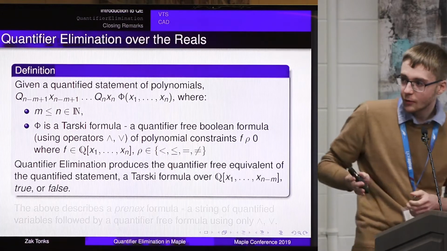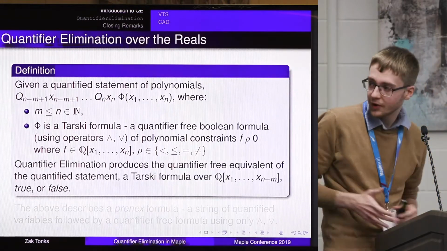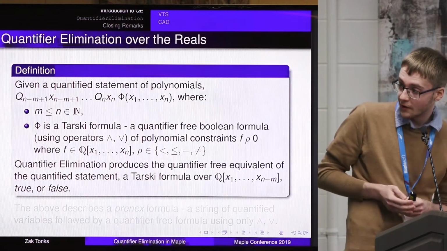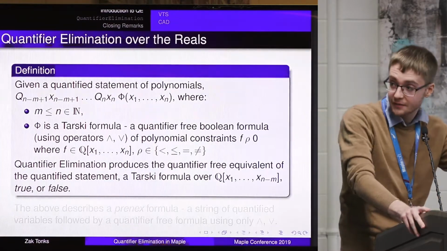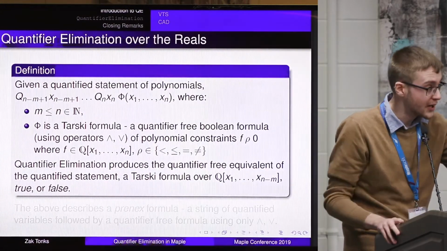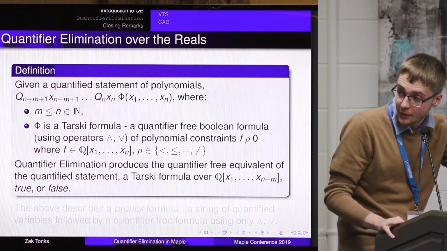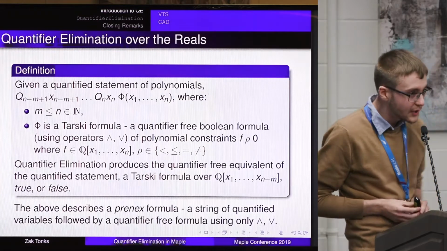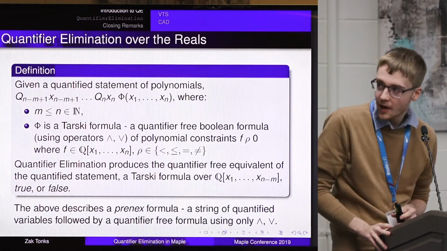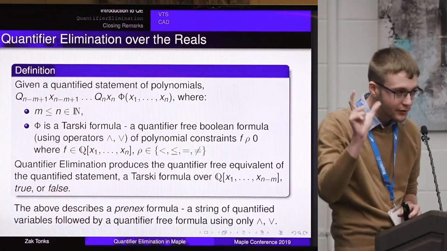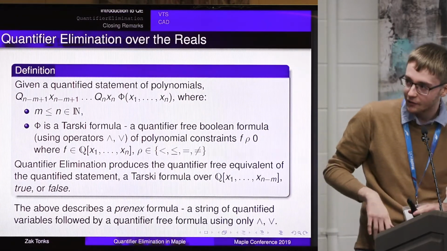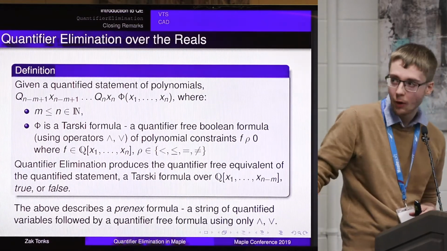The idea of quantifier elimination is to eliminate the quantifiers. You're either going to get a Tarski formula over the variables that are left, if you had some free variables, or you might get true or false, and you'll definitely get true or false if everything was quantified. I've lied a little bit, because what I've described is a prenex formula. Prenex formula means a string of quantifiers before something entirely unquantified, and your formula only has and, or.